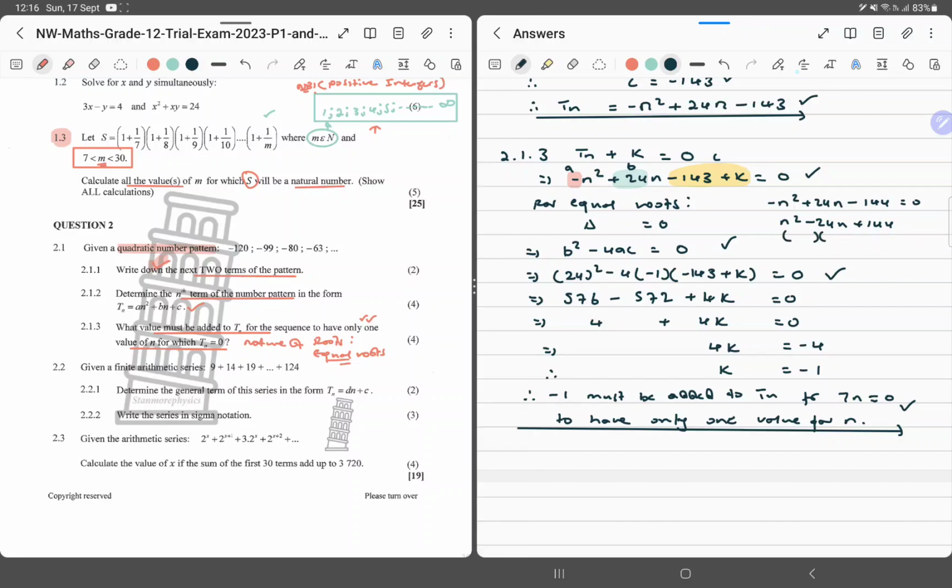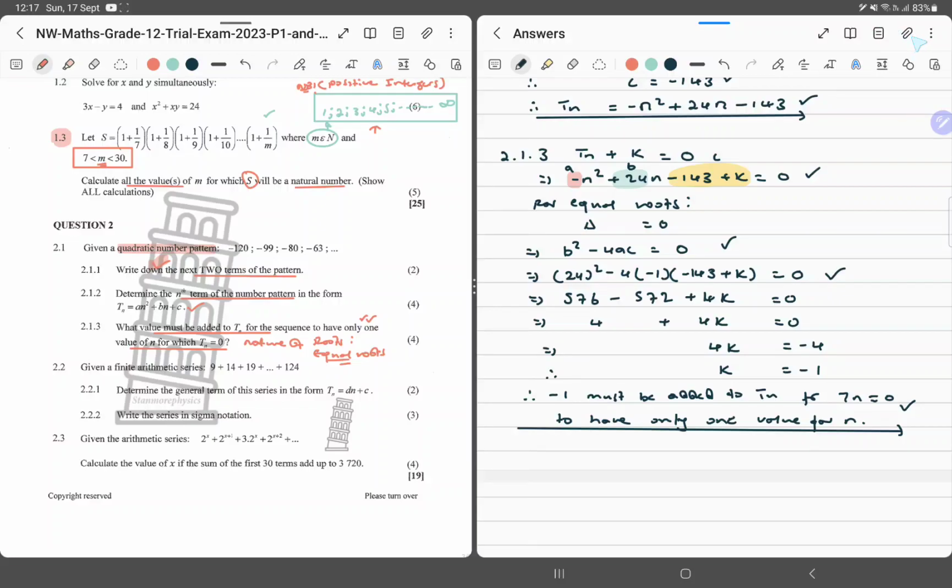Now, when you factorize this, it's going to be n minus 12, n minus 12. Essentially, this means there will only be one solution for n, which is going to be 12. There's equal roots. Nice and easy. What is the other way you could have done this?